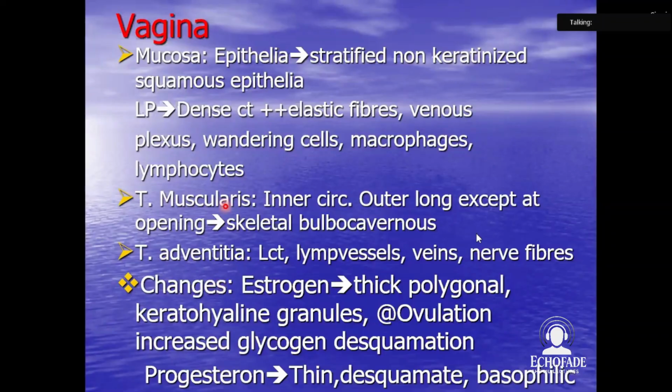Also, at the transition zone in the cervix, I've said the transition zone is where the endocervix transits to form the exocervix. This is where we have the cells changing from simple columnar to squamous non-keratinized epithelia. So at that transition zone, the cells can undergo metaplasia, and it is that region where we normally have development of cancer tissue.